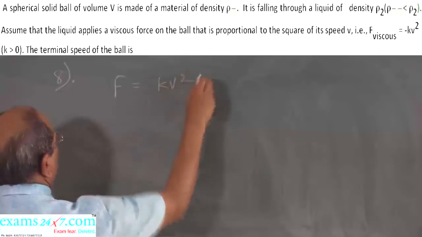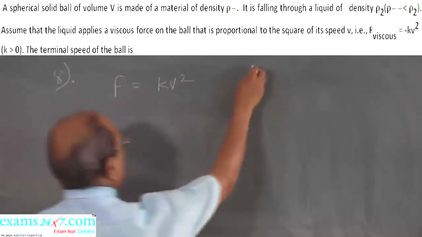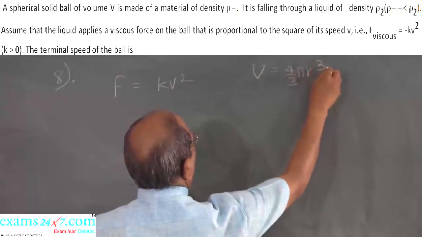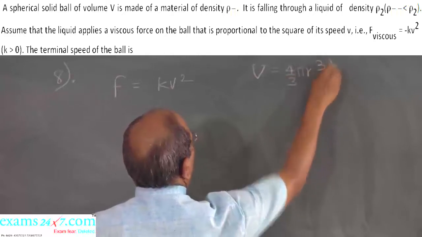The given force of viscosity is minus kV square, you neglect the sign, kV square. So the volume is given. Mass is volume into density, 4 by 3 pi r cube into rho. Here the answer is available in terms of volume and density.